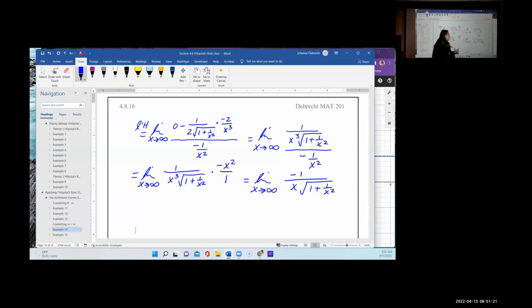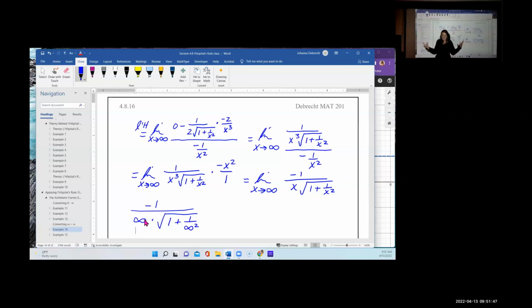Now we've done some algebra. I've simplified it as much as I think I can. So I'm going to try to substitute the value in again. I have x approaching infinity. So when I do that, I'm going to have a negative 1 over infinity times the square root of 1 plus 1 over infinity squared. Now, infinity squared is still infinity.